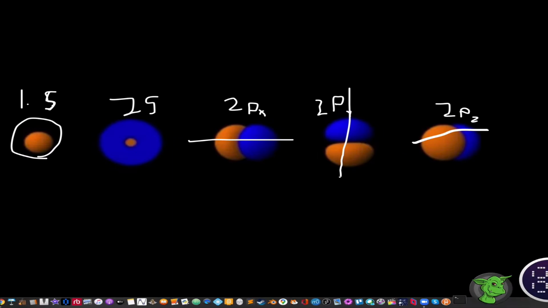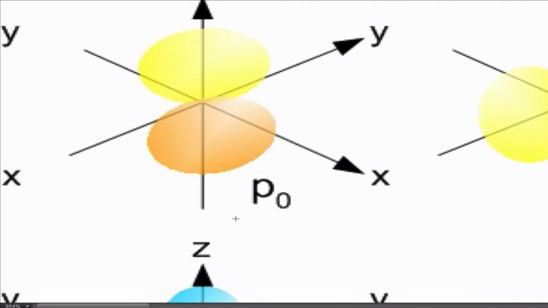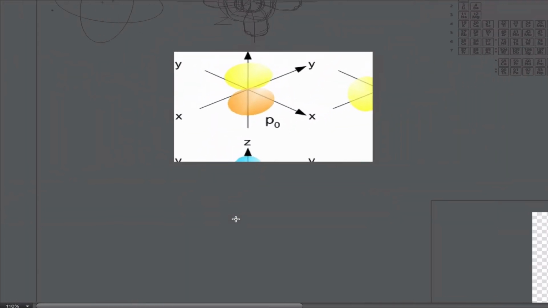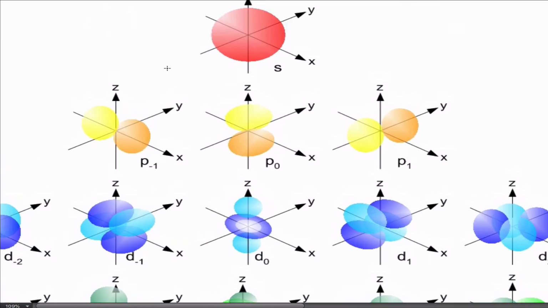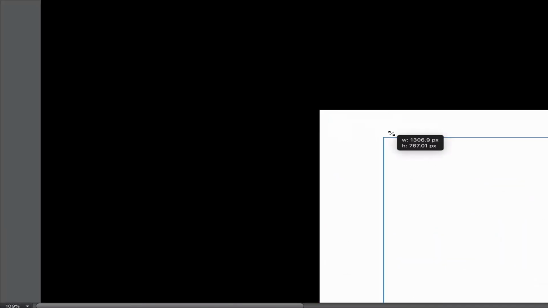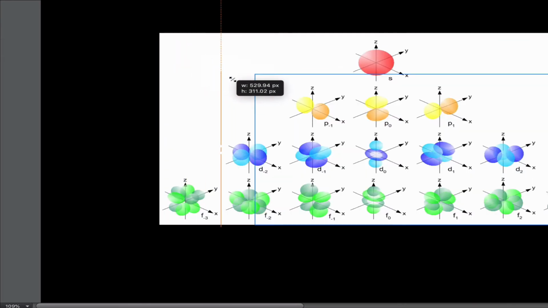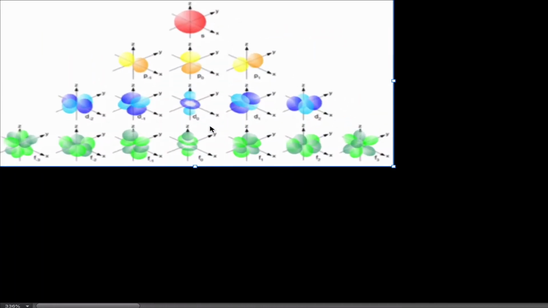Now I'm just gonna get a picture of more shells. Okay, this is like messed up. Okay, let me just shrink this. Okay.